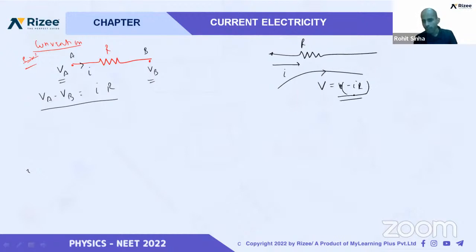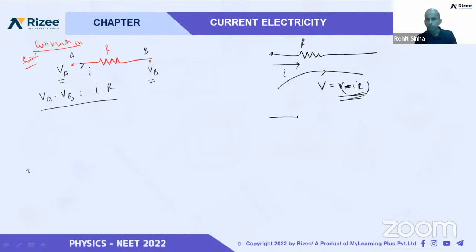You can use the opposite convention also, no problem. I am showing you one convention and I will use this convention while solving any question. What is my convention? If I am moving along the direction of current, I will take minus of the potential difference. I repeat once more: if I am moving along the current, I will take minus of the potential difference.